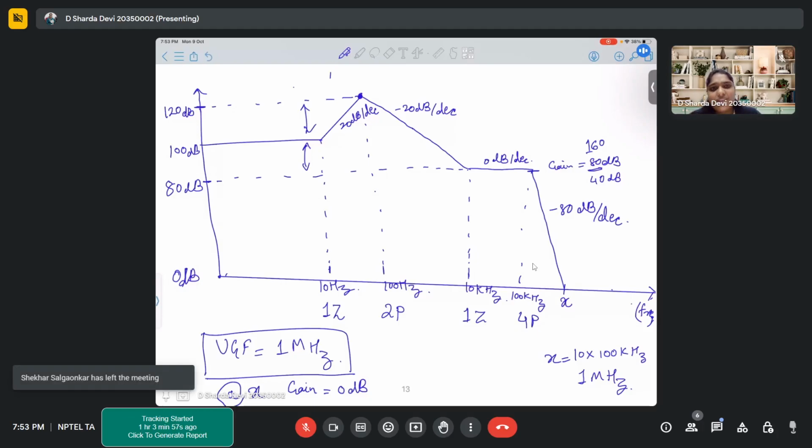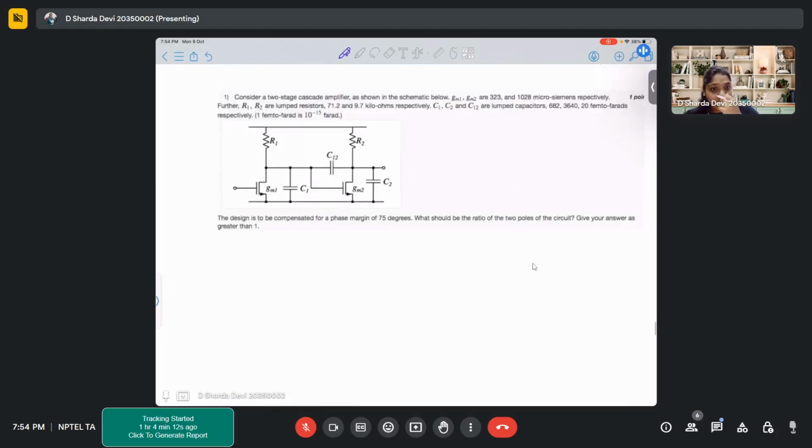So Bode plot is most of the times drawn for negative S-plane poles, and then you analyze its stability. Okay? So with this, we are left with very little time today.